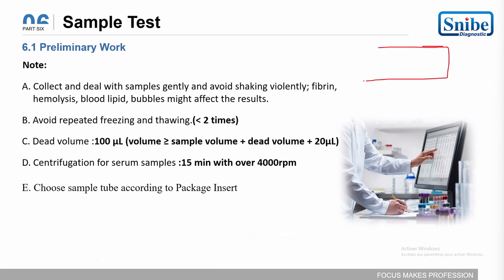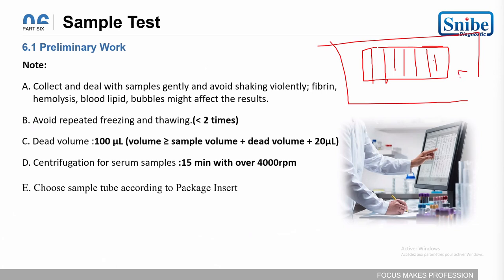We don't have quality controls in the integral. So this one is microbeads, calibrator low, calibrator high, displacing reagent, FITC, ABI, FITC, and diluent. So in the box containing this kit, we have a bottle of quality controls from Snibe. It can be one level or different levels. It is not included.